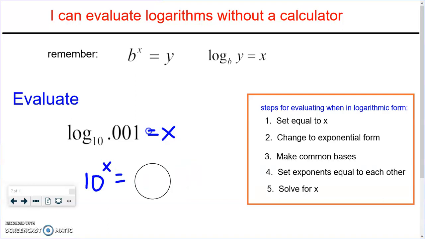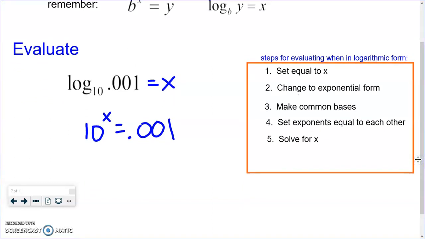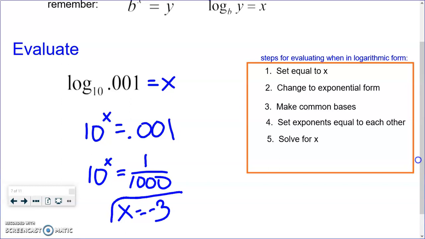If we wanted, we could also rewrite this, instead of having decimals here, it might be easier to rewrite this as 10 to the x equals 1 over 1,000. Then it kind of looks like the previous problem where we know x has to be negative, and we would say 10 times itself, how many times will give us 1,000? And we know that x equals -3.